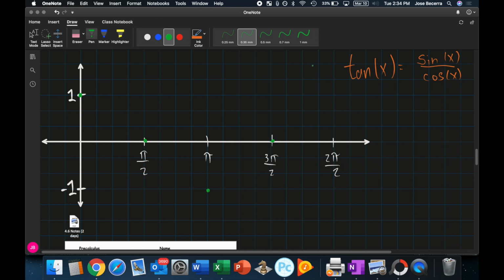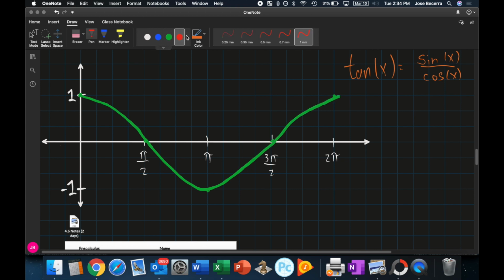And at 2 pi is 1 again, it has completed the full cycle. So you have a graph of cosine that looks a little bit something like this. I know that's not perfect, but it'll work.